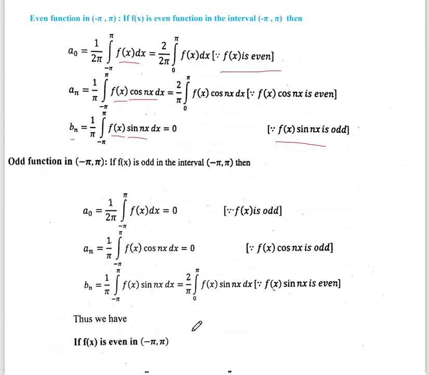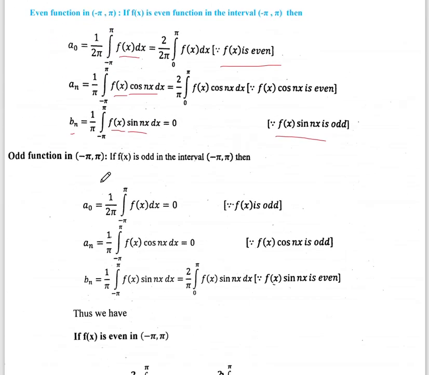Second, the odd function in −π to π. Let us suppose that f(x) is an odd function in the interval −π to π. Then the coefficient a0 = 1/(2π) integral from −π to π f(x) dx. Here f(x) is an odd function, therefore the value of this integral will become 0.